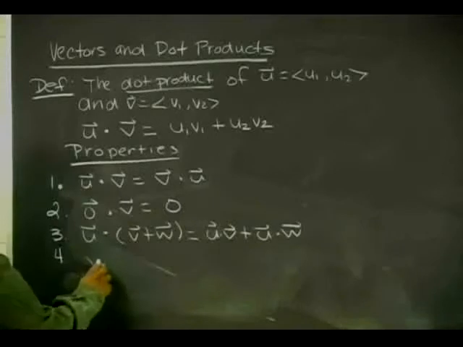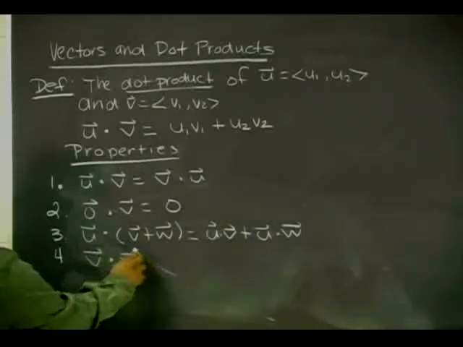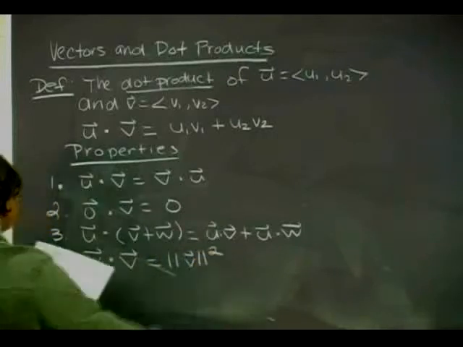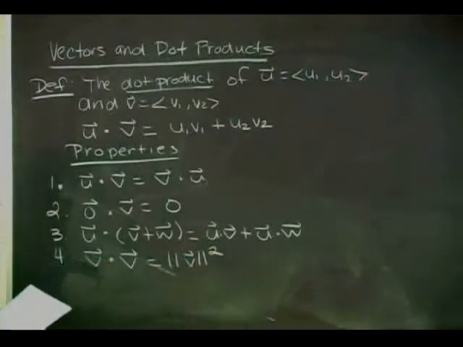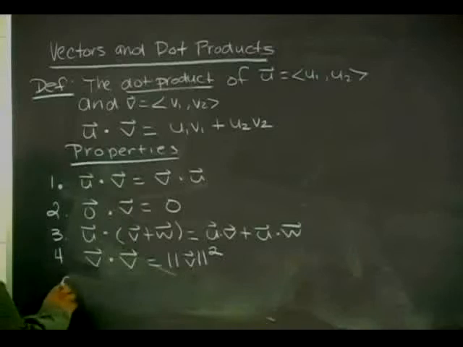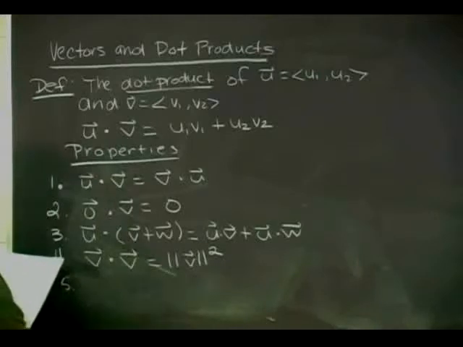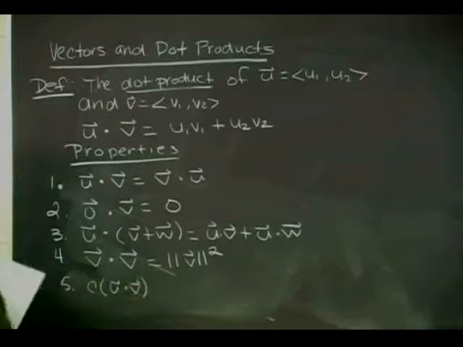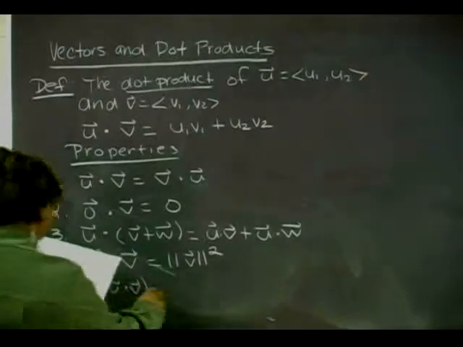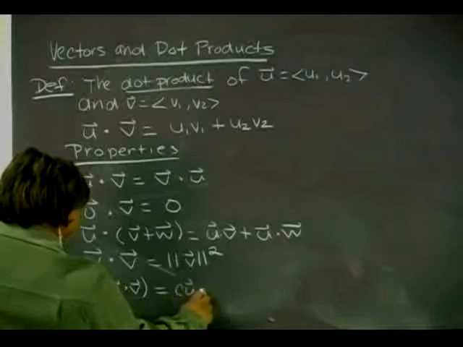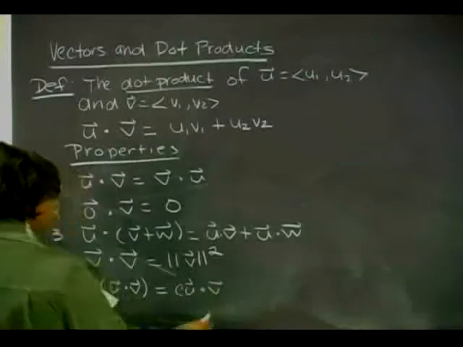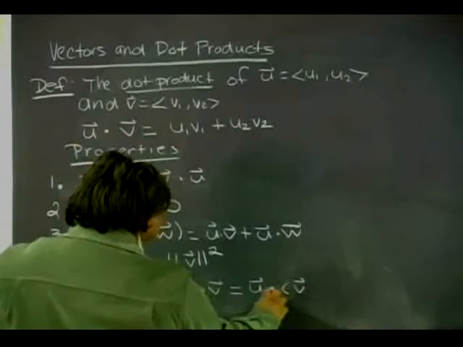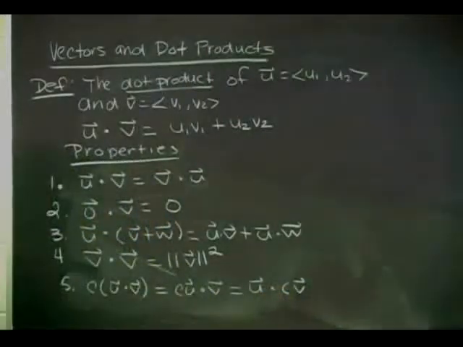Number four, if we take the dot product of a vector with itself, then it's the same as taking the magnitude or the length of that vector and squaring it. And number five, if we have a constant c, we can take the dot product and multiply that by c, or it is equivalent to multiplying the first vector by c and then taking the dot product with v, or multiplying the second vector by c and taking that dot product with u.